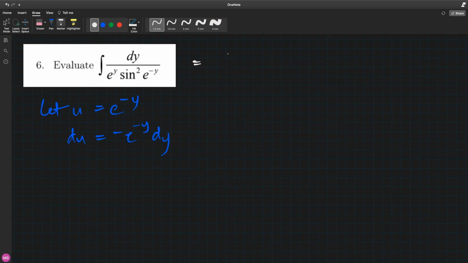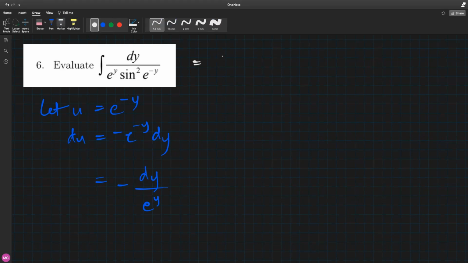Let's substitute u here. We have e raised to the y here at the denominator. So we can also rewrite this as negative dy over e raised to the y. Since there's a negative here at the exponent, you just put that at the denominator.